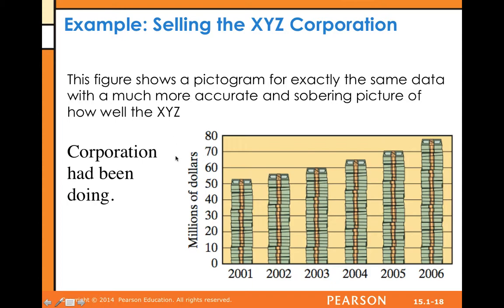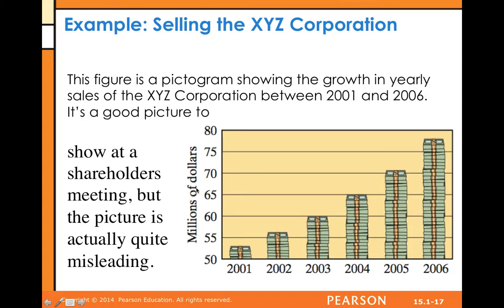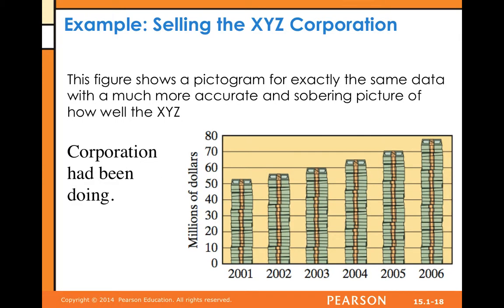Something to worry about, again, when people give you visual data: even without directly lying to you, they can mislead you. With the previous chart, nobody was lying about anything, and yet they were still able to mislead you about the performance of this company over the last 6 years. This chart is more representative of what happened, right? You have a climb, but it's not this miraculous increase by a factor of 6.